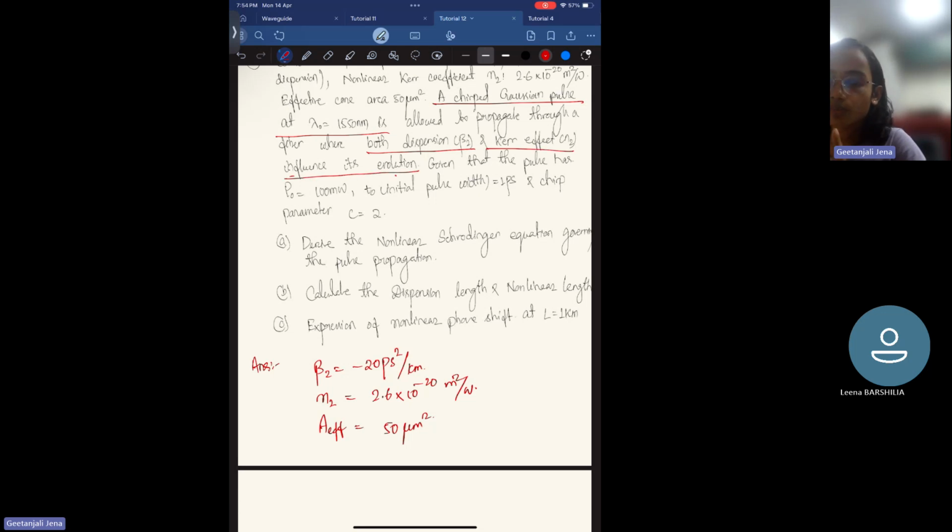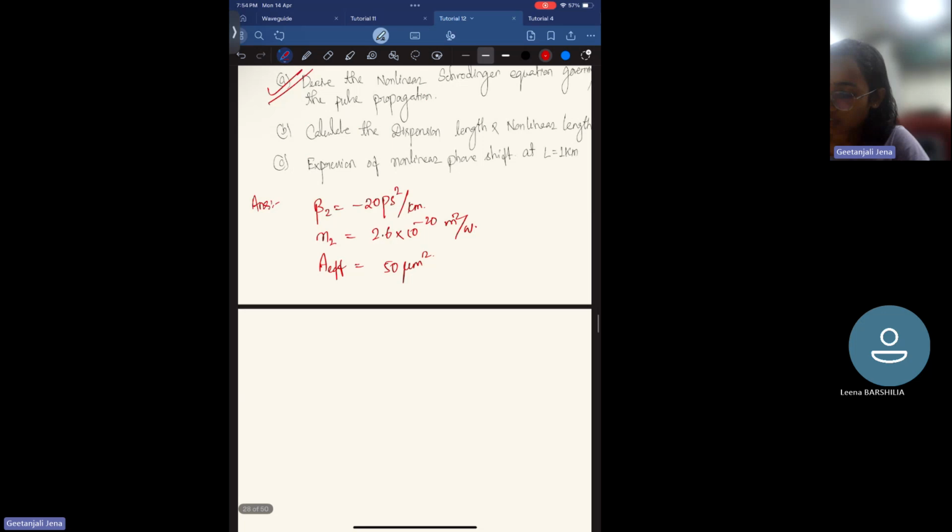So now instead of one, we have both controlling the pulse evolution. The peak power is 100 milliwatt, T0 is 1 picosecond, chirp parameter C is 2. Derive the nonlinear Schrodinger equation governing the pulse propagation.